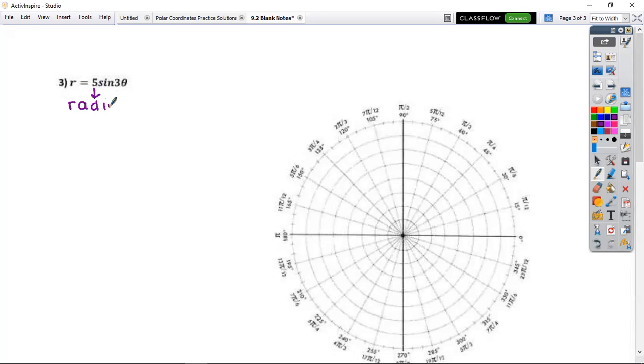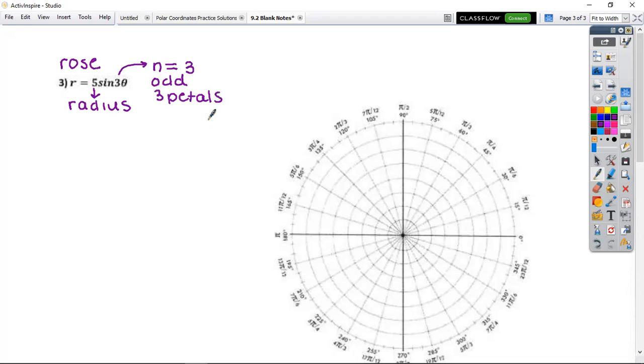And the 3 is going to pertain to my petals. This is my rose. That is the classification if you're asked to list that. This is your petals. So n is equal to 3. This is an odd value. So because it is odd, that is the number of petals you have. So we have 3 petals.